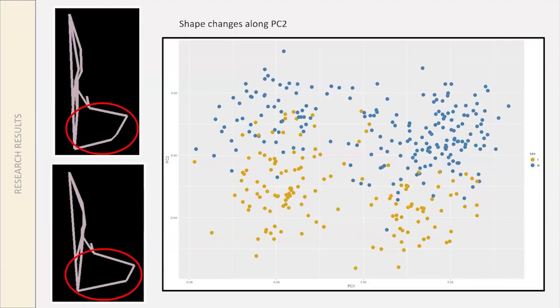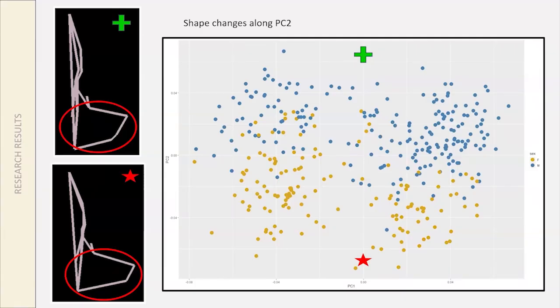Here's an example of the GM shape analysis output. So focusing on the area circled in red on the wireframe on the, I believe, left of your screen. This is the anterior portion of the innominate, which includes the pubis and the ischium. And we can see the elongation that occurs in the bottom image compared to the top image.